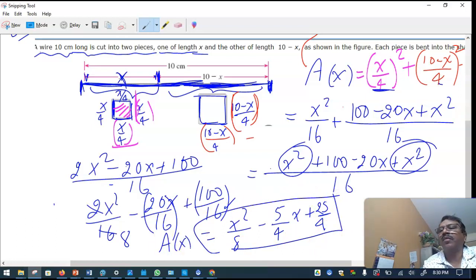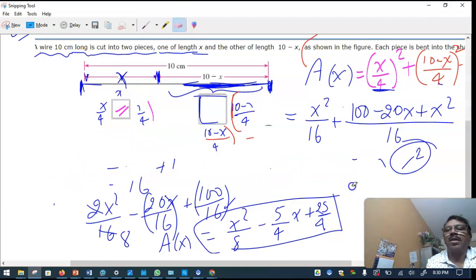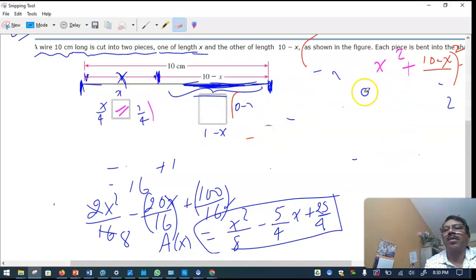Now if you want to have the maximum area, then we will have to use the formula x equals minus b over 2a. So let's do that. I'm going to clean this off to make room for me to write.